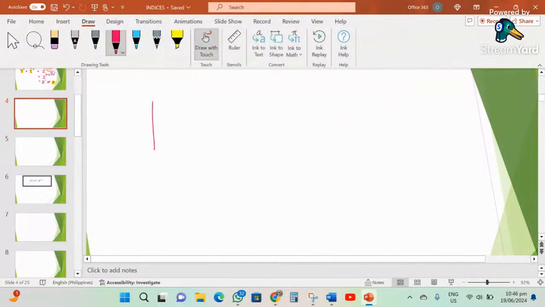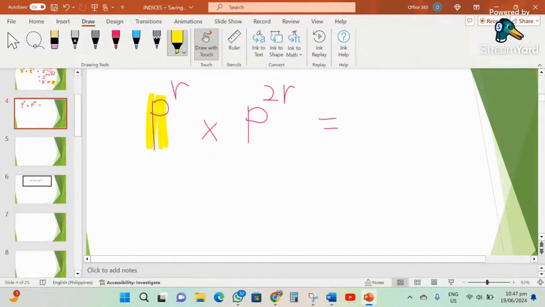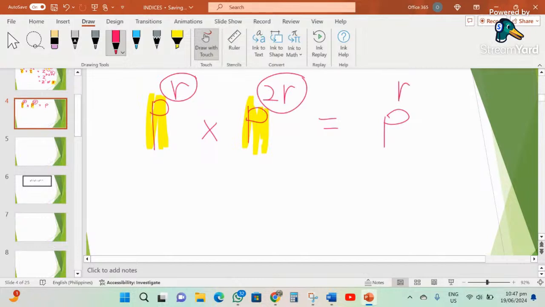What if you have all variables, p to the r times p to the 2r? What happens? Because it's a common base, you just have to write p, okay? And add the two exponents. So you have r plus 2r gives you 3r.